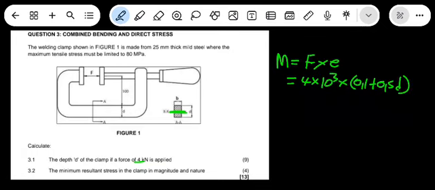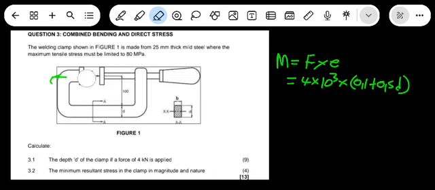Remember, it's measured from where the force is applied to the center of the object where it's bending, because when you apply the force like this, this portion will bend in this format.